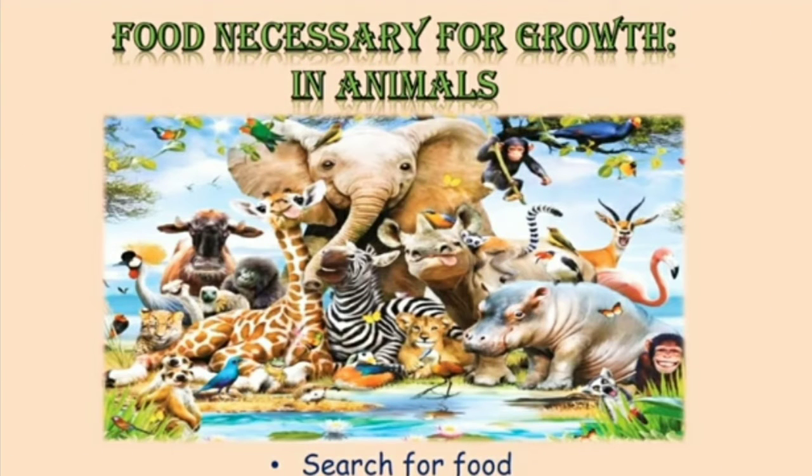Similarly, children, animals, however, do not have chlorophyll, right? So they do not produce their own food. Instead, they have to search for their food.